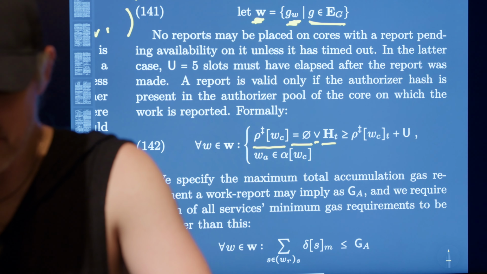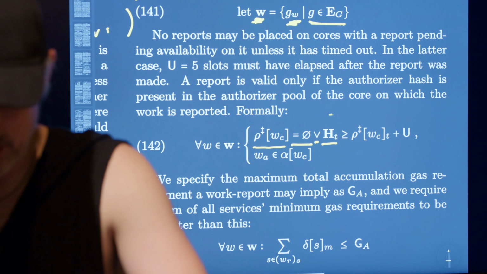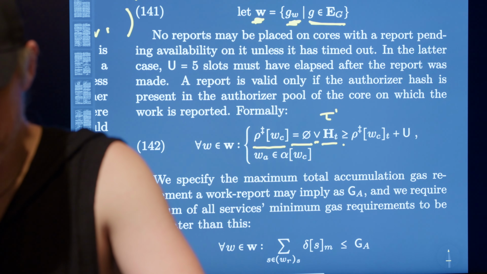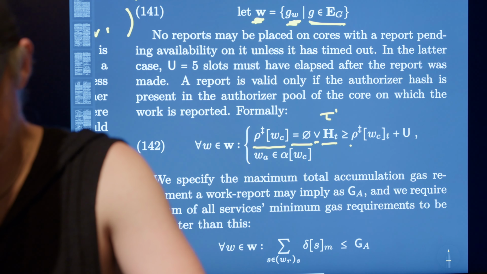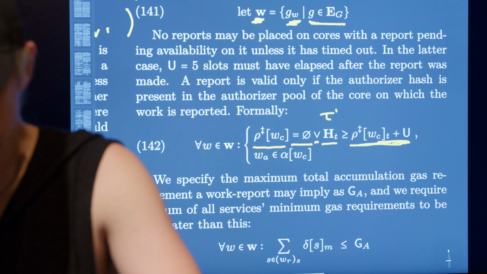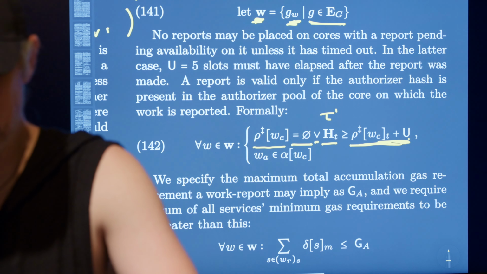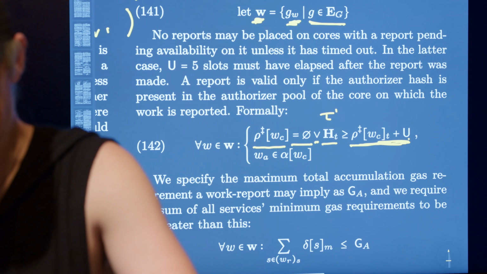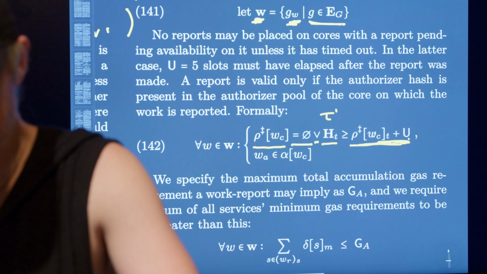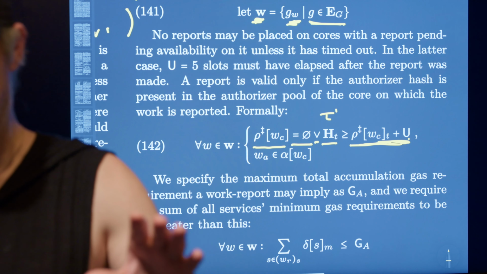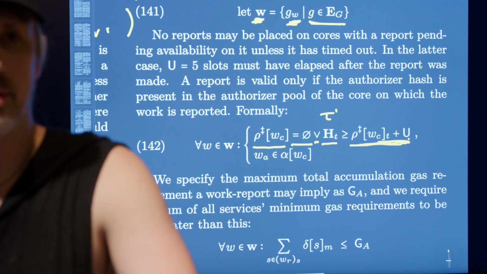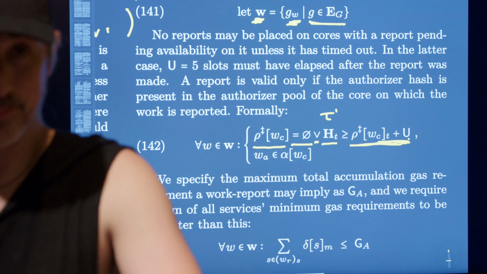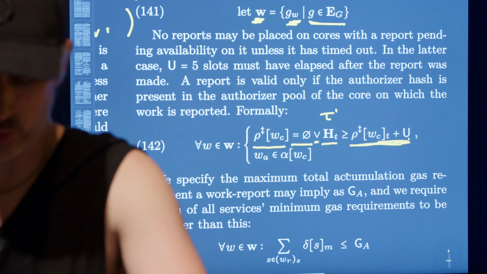Or the time, this could just as easily be tau prime, is at least the time that the thing went in plus U. Big U is our timeout, number of blocks, and rho double dagger, W, C, T. T is the time of entry term for that core, the time that the core started being used.